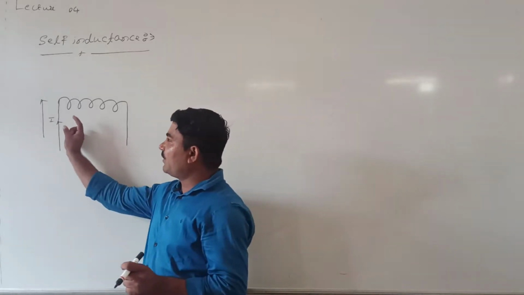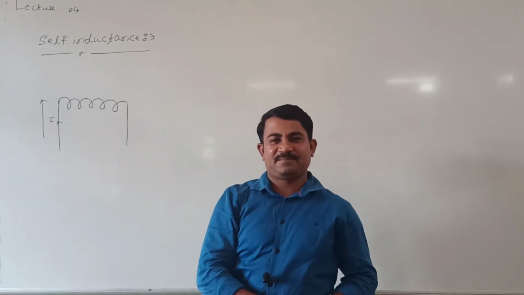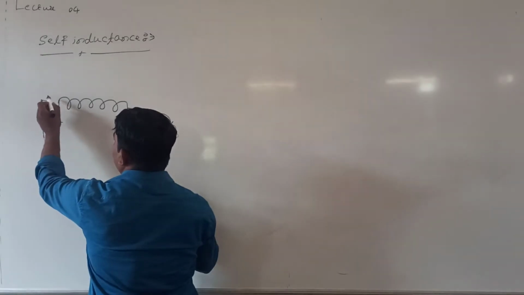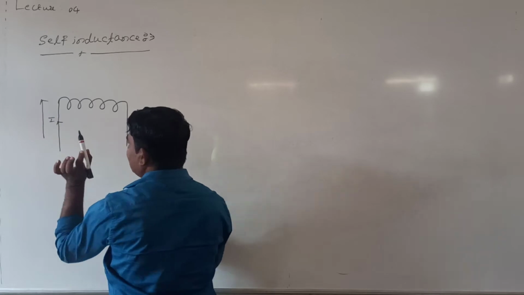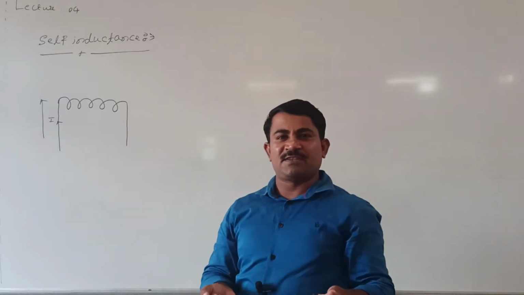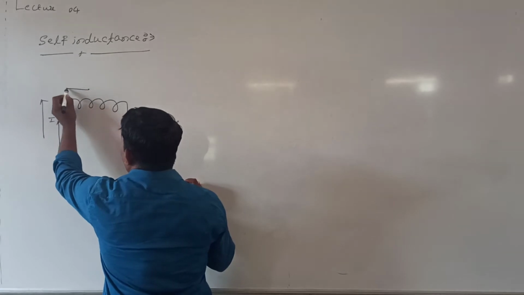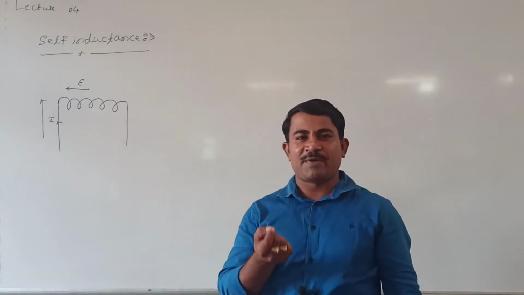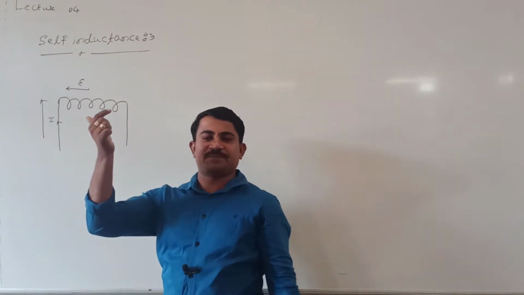Wherever magnetic flux changes, an EMF is induced in the coil. Due to the changing current, the magnetic field also changes, and this EMF is induced in the coil due to the increase in current.